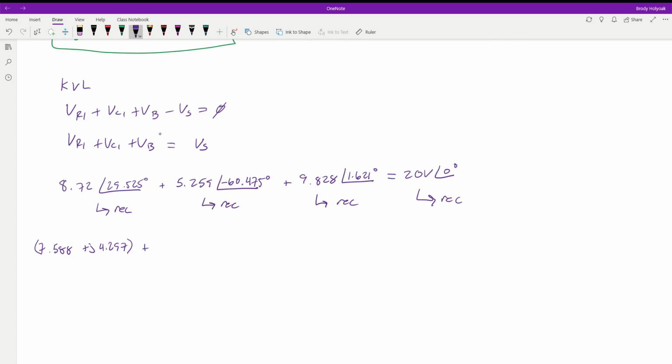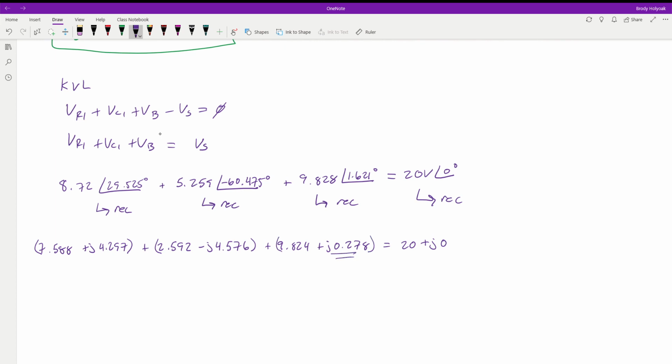The next term converts to 2.592 minus j of 4.576. Then the last value we have is 9.824 plus j of 0.278, and that's equal to 20 plus j of 0.